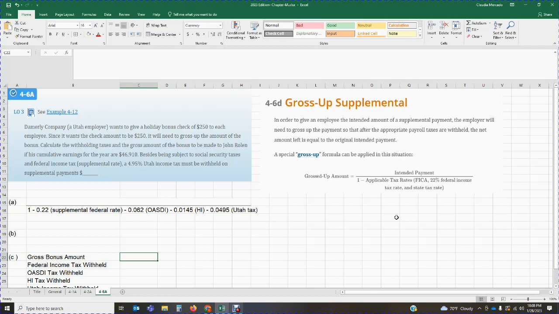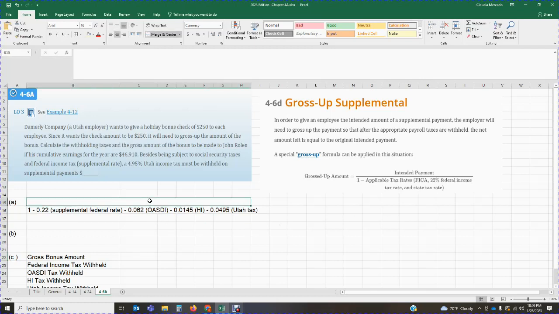The formula is: the grossed up amount is equal to the intended payment divided by 1 minus the applicable tax rates for FICA, 22% federal income tax rate, and state tax rate.